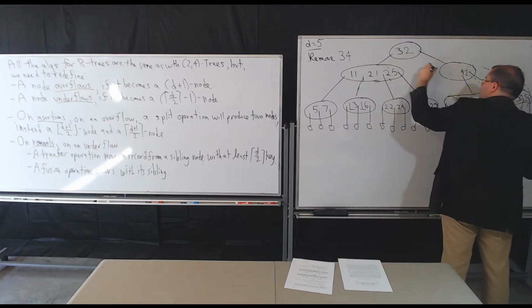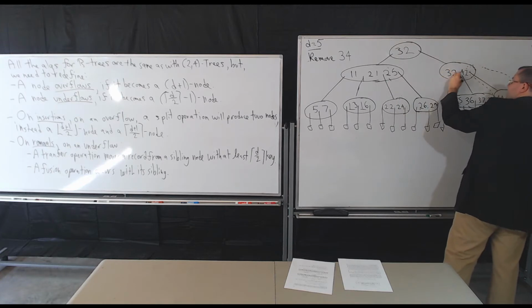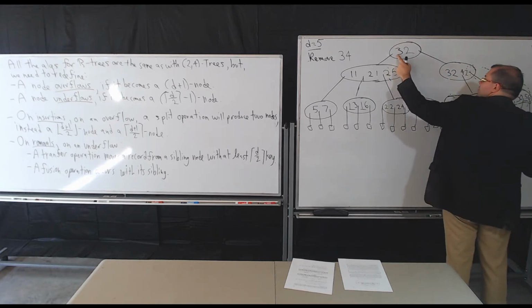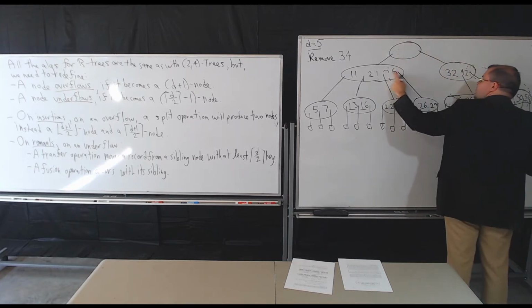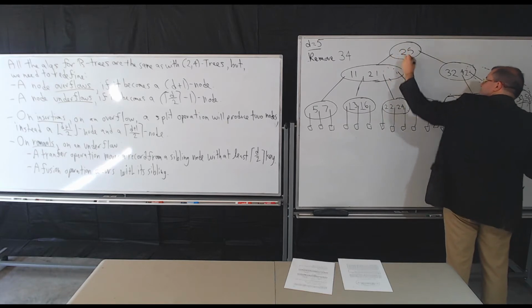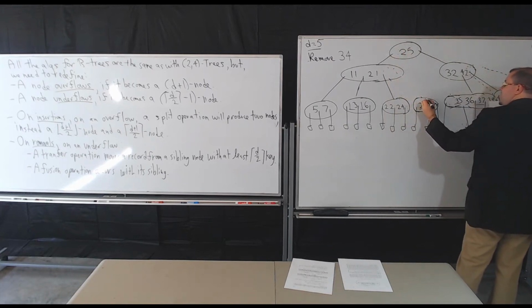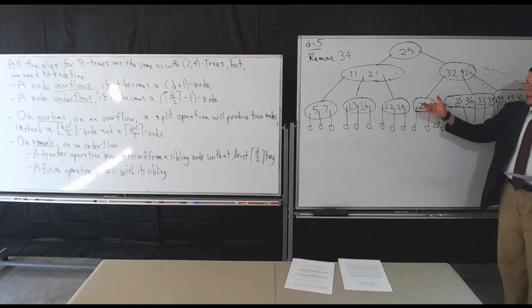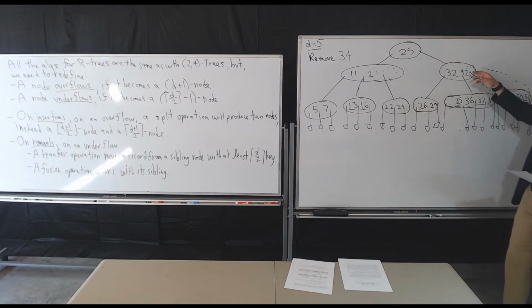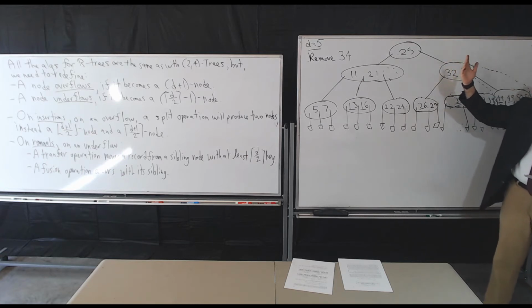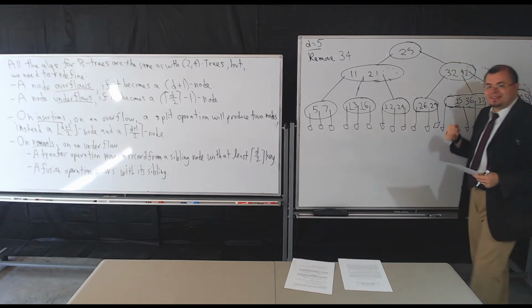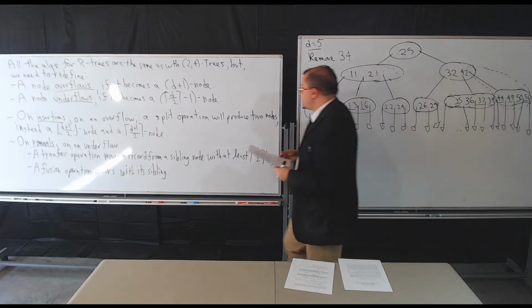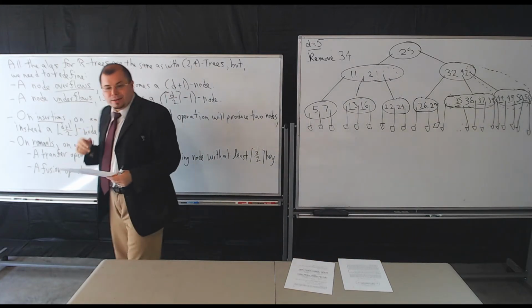I'm going to bring 32 down here. 32 comes down. 25 goes up. And then I borrow the child and I bring it over here. And there we go. Now the root has 2 children. We're okay. Remember, the root is the exception in the B tree. And we're done, believe it or not.